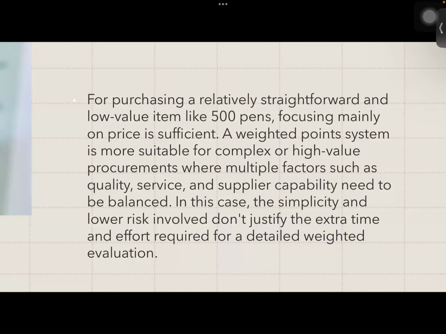But even with relatively low value, if it is still complex and we need to consider multiple factors, like the item is a bottleneck or its quality varies greatly, then we may still consider using the weighted score. So it's less about the high spend, but more about the complexity.